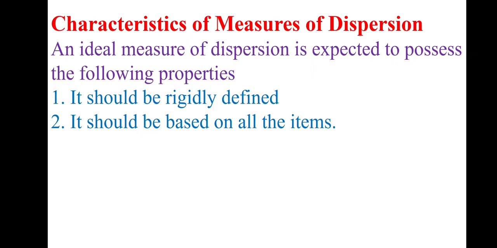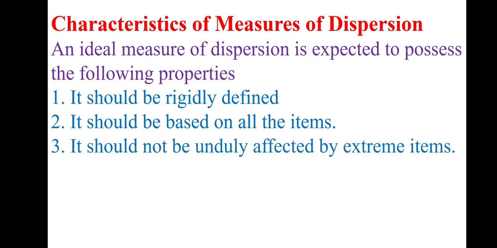Each and every item in the collection of the group should be considered and its value taken for the calculation purpose. It should not be unduly affected by extreme items. Extreme in the sense minimum value and maximum value.